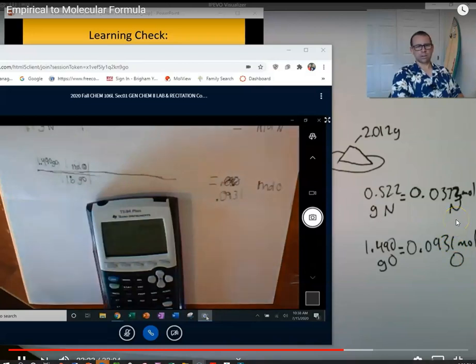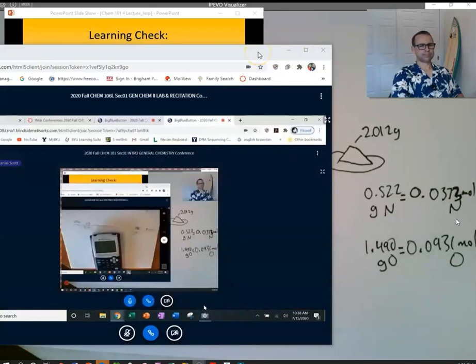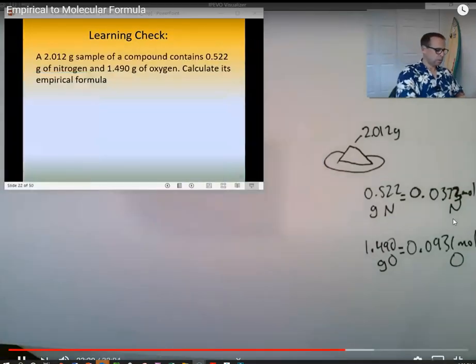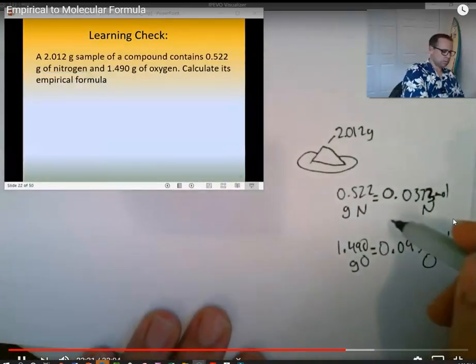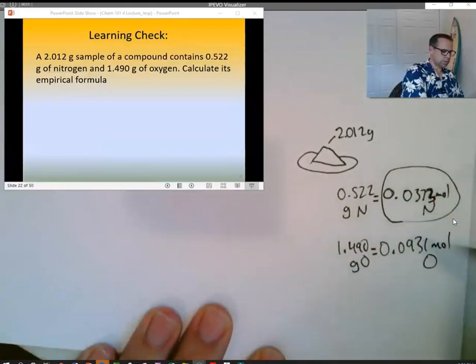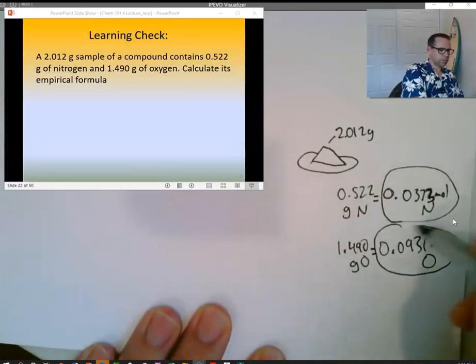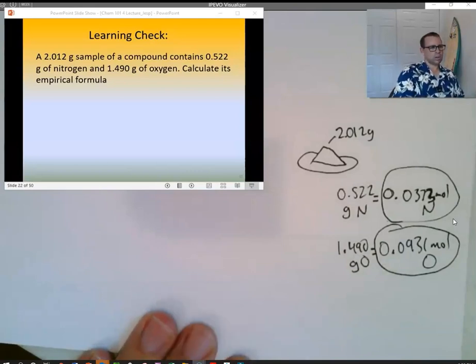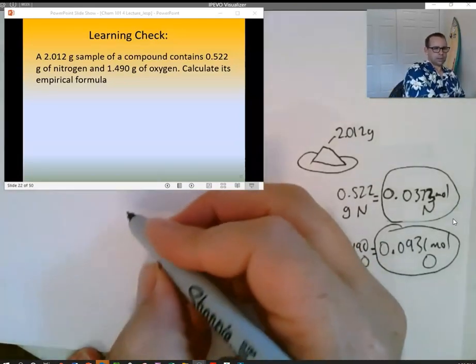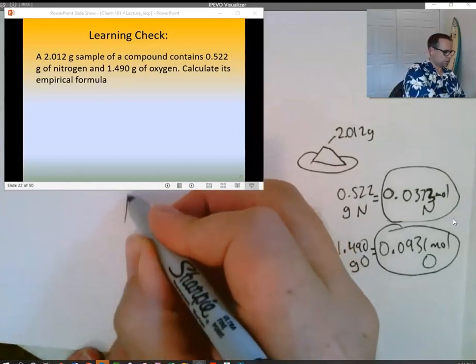So now we're ready to look at the empirical formula, right? So we have nitrogen. Our number of moles is 0.0373. Oxygen, 0.0931.